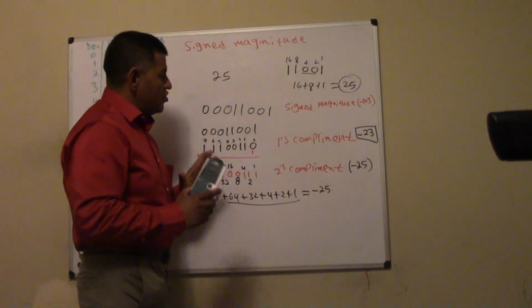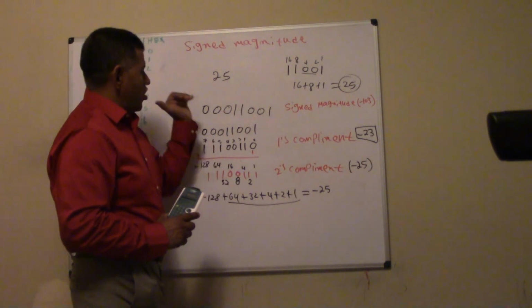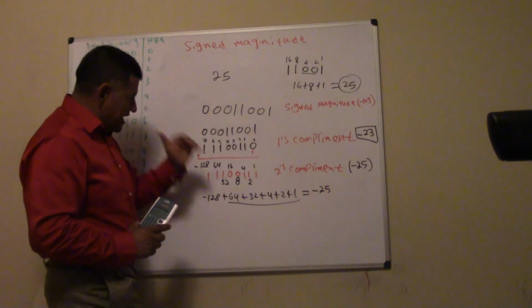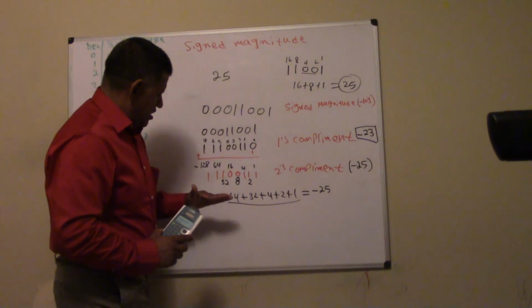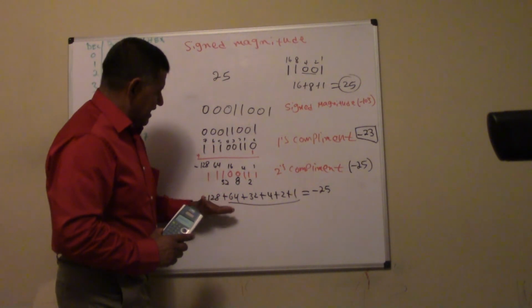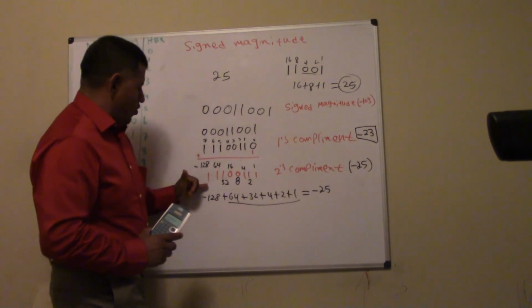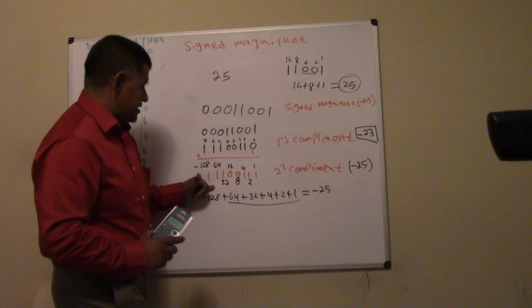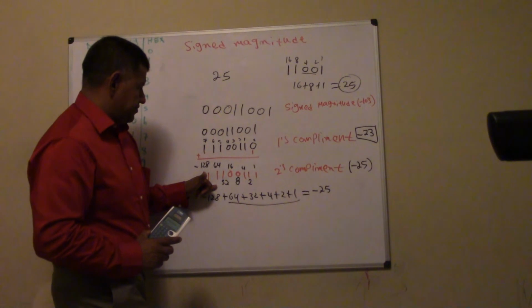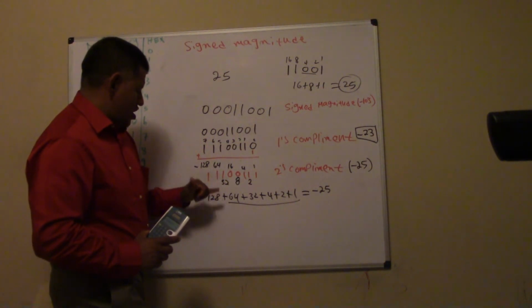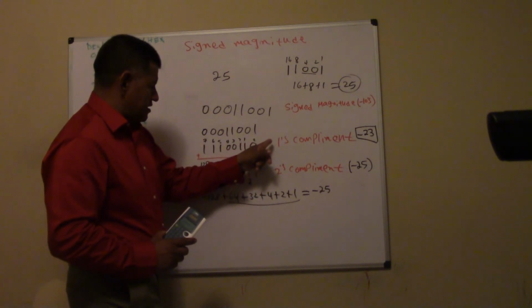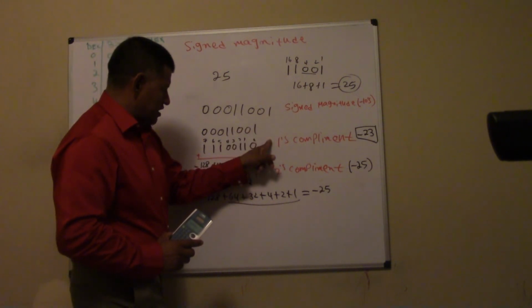That's how you go from a positive number and show that you can make it a negative 25, or what is also called a sign bit, by doing these steps. First, step 1, 1's complement.